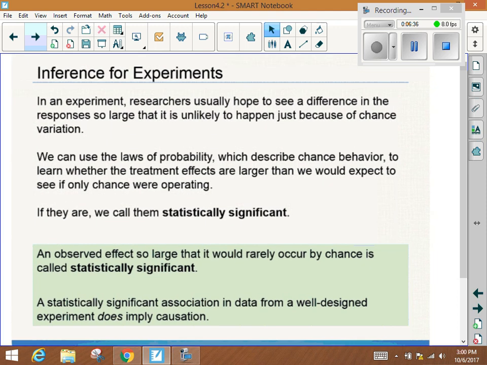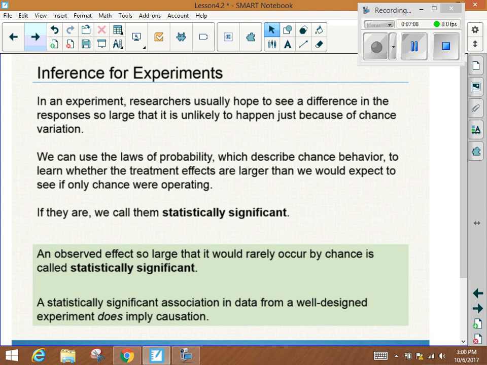The whole thing that we're doing, the reason why we're doing this is we're leading up to doing inference. So we want to know if the difference between the experimental group and the control group is significant enough that it wouldn't have happened by chance. And we'll have some tools that we'll use in order to determine that later on, actually next semester, when we start to talk about inference and actually making these determinations based upon probability.